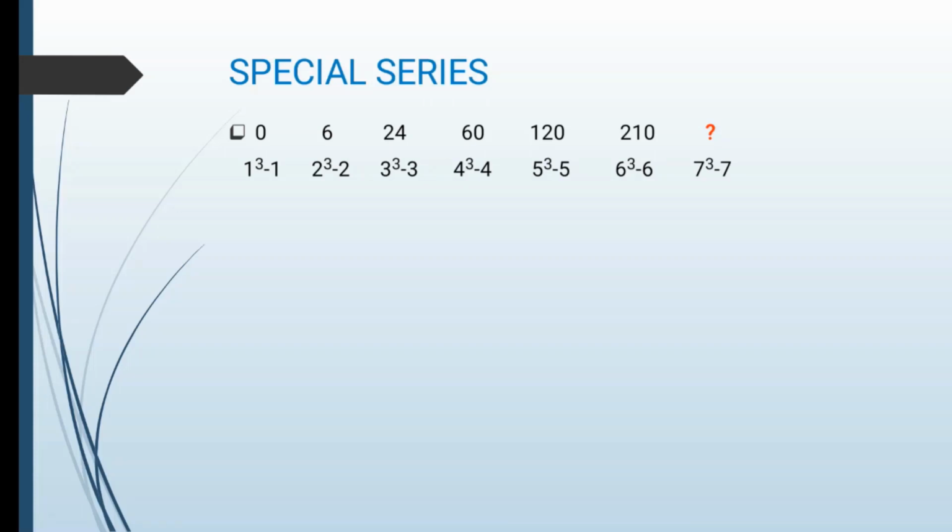The next term is 2 cube minus 2, that is 8 minus 2, 6. The next term is 24, which is 27 minus 3, or 3 cube minus 3, and so on. So the last term that we are missing is 7 cube minus 7, that is 343 minus 7, which is 336.